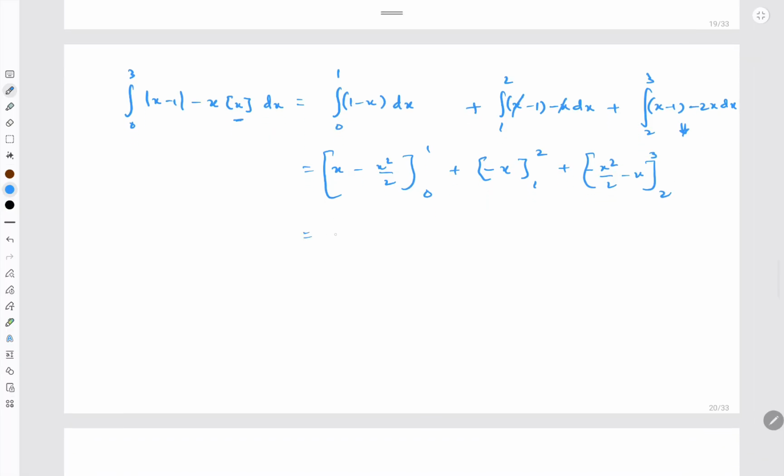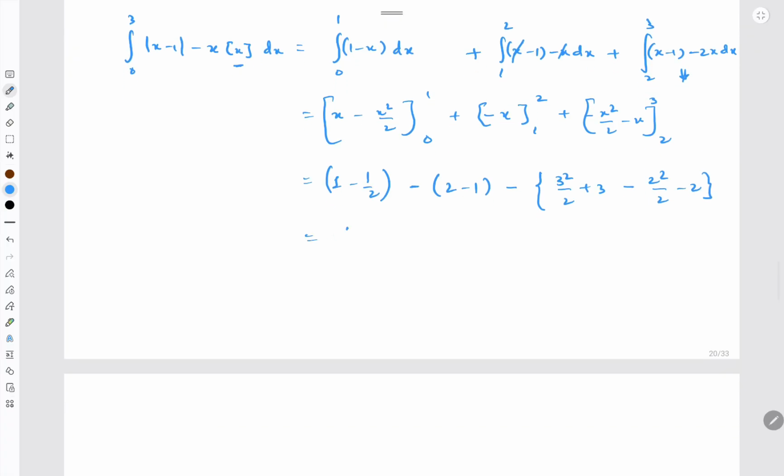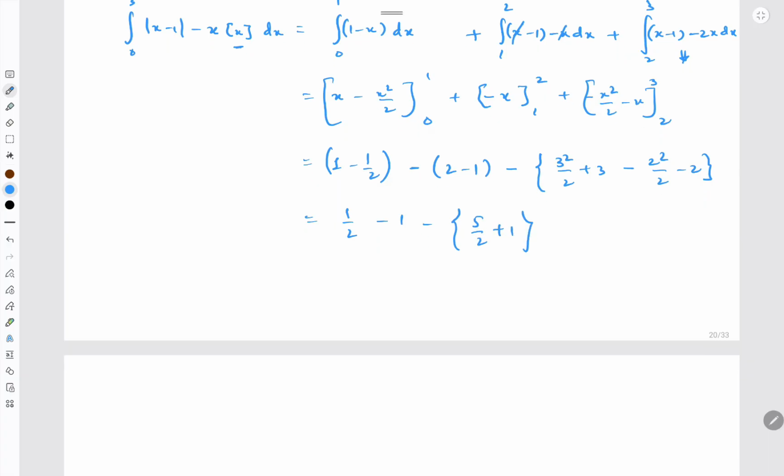Now if I put the value, it is 1 minus 1 by 2. I can take the minus sign outside, so minus x, so 2 minus 1. I can take the minus sign outside here also, so 3 square by 2 plus 3 minus 2 square by 2 minus 2. So it is 1 by 2 minus 1 minus 9 minus 4, 5 by 2 plus 1.